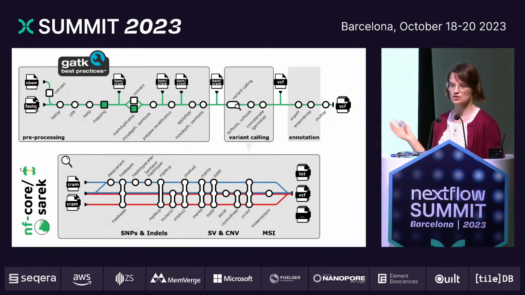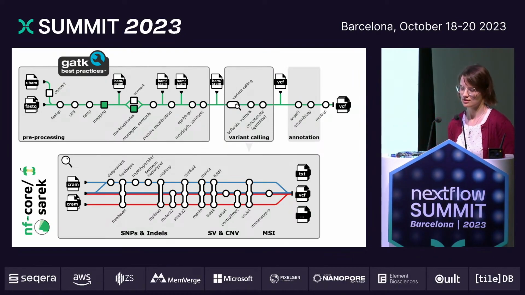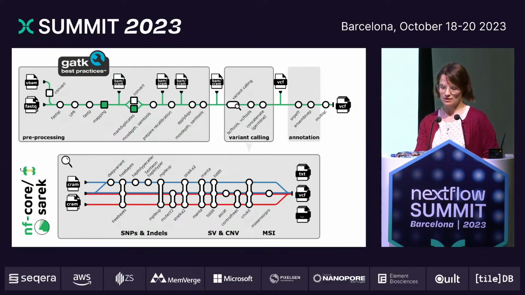You can see we have a bunch of different tools implemented at the moment for SNP and indel calling, structural variant and larger copy number calling, and microsatellites. And you can mix and match these tools however you need. You can run a bunch of different SNP callers all in parallel, or just one, or one SNP caller and multiple structural variant callers, however you need for your analysis.